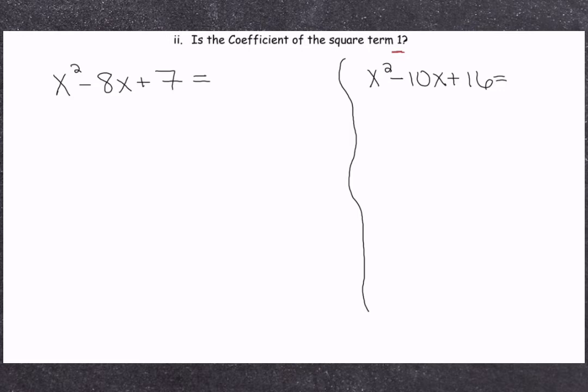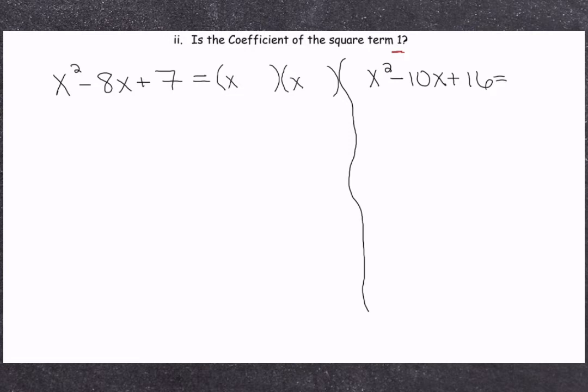So if you have a trinomial and the first term has a coefficient of 1, then we would make 2 sets of parentheses just automatically, and we would put a variable in each one of those parentheses. The variable that I'm putting in there is an x because my original polynomial had x.